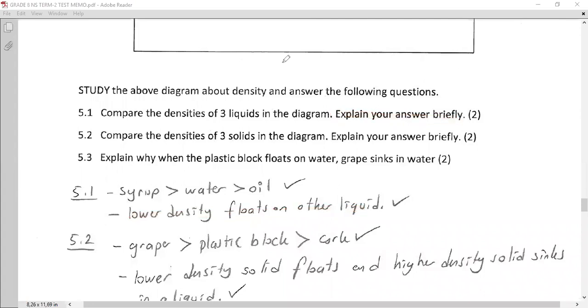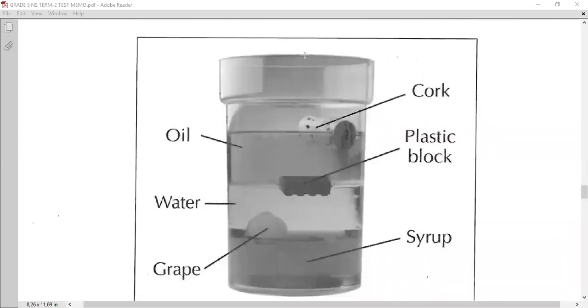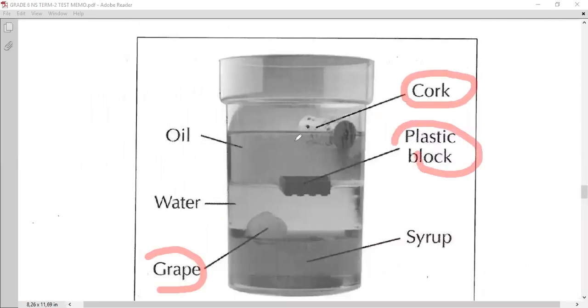And compare the densities of three solids, okay? As you can see, similar to that one, you are going to compare the solids: cork, plastic block, and the grape. As you can see, grape doesn't float on oil, doesn't float on water, it floats on syrup, which means that it goes down through this way. Which means it has higher density than others.